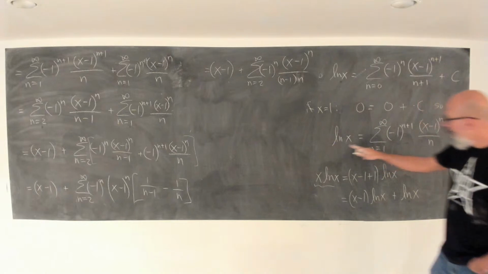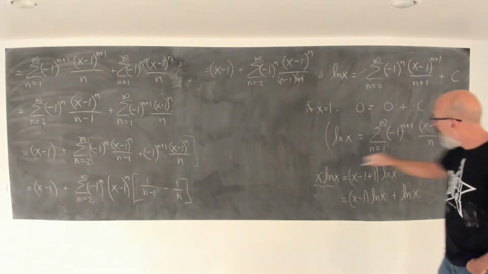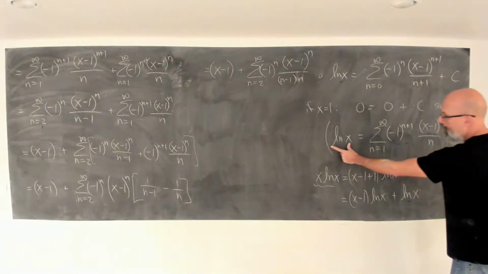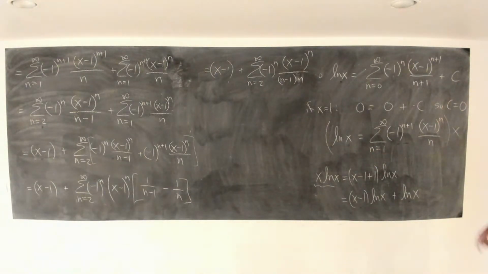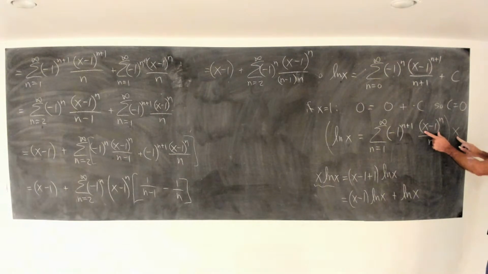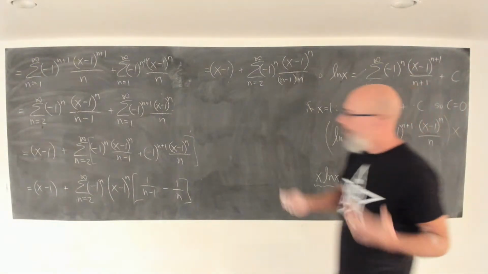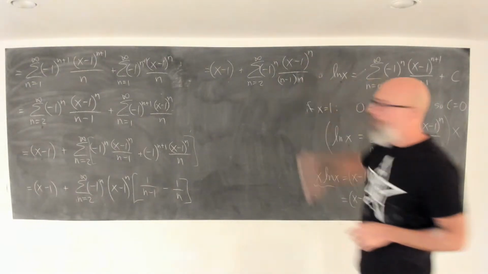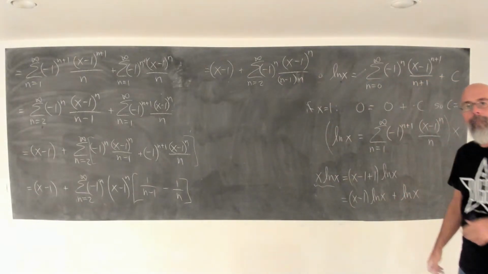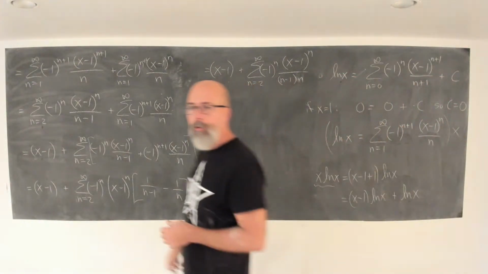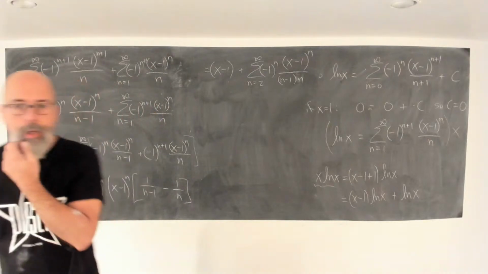But if you just multiply this by x on both sides, you'll get the x ln x on the left, it's all good, but now you have x times x minus 1 to the n, and that's no good. You want powers of x minus 1. So a very nice trick is to add a 0, minus 1 plus 1, and we're all good.